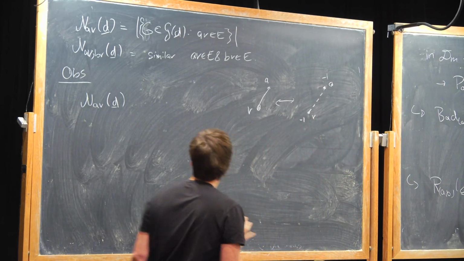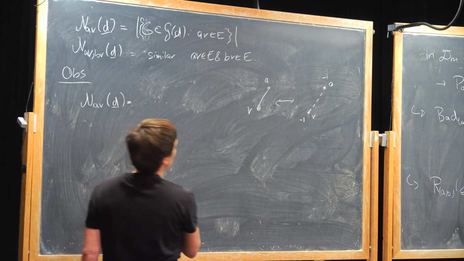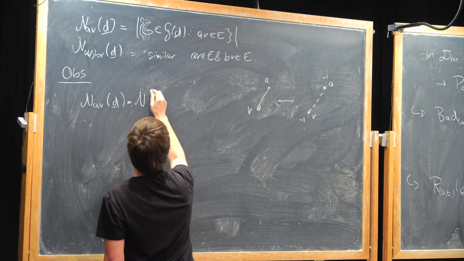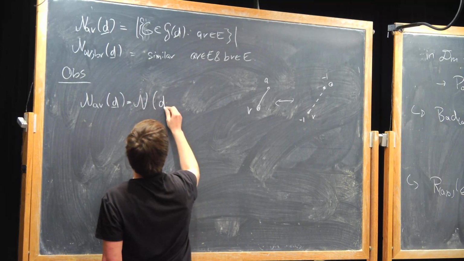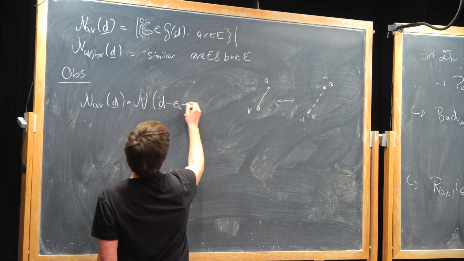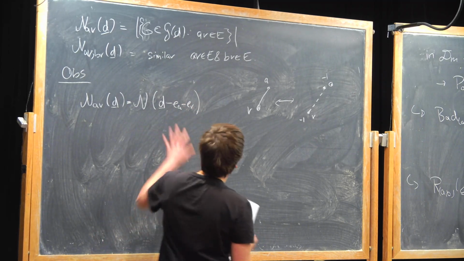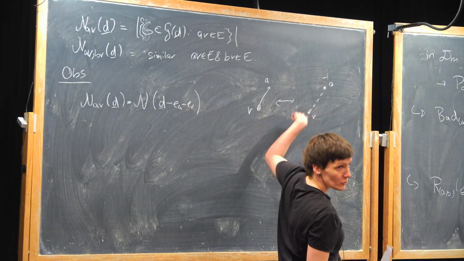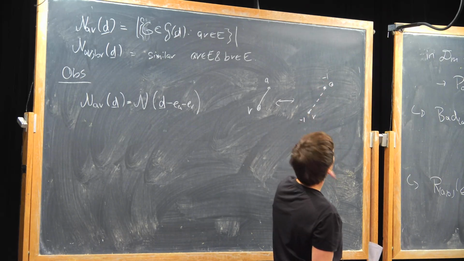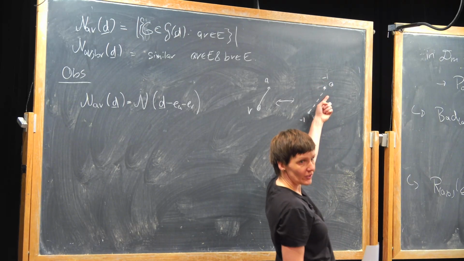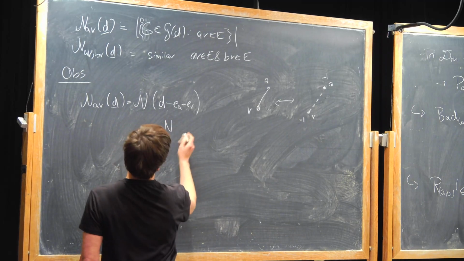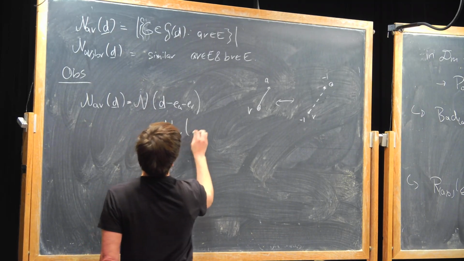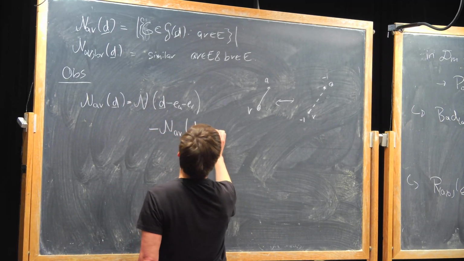That's all, okay? So that is equal to the number of graphs with the reduced degree sequence. Okay, that counts all the graphs that have a reduced degree sequence, but then I'm also counting those that have an edge here. So I need to take away NAV in this reduced degree sequence.